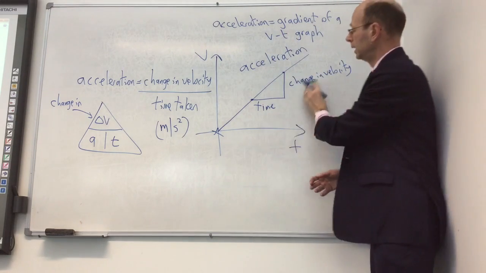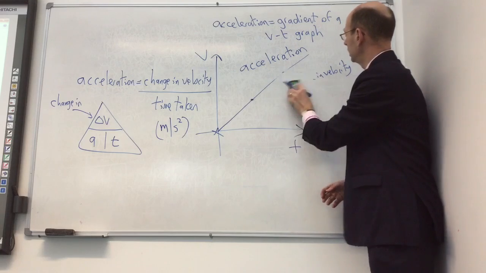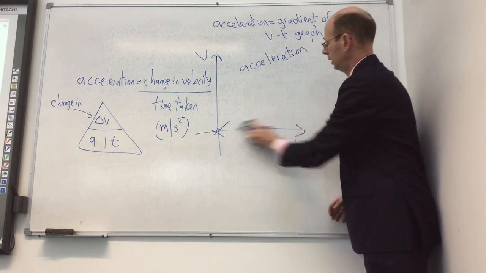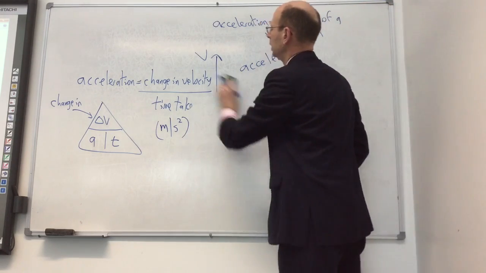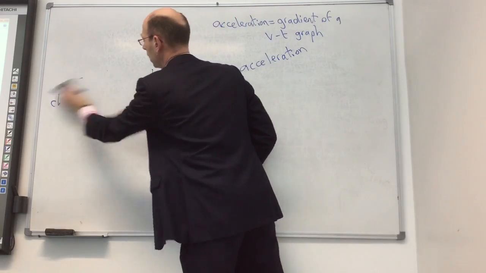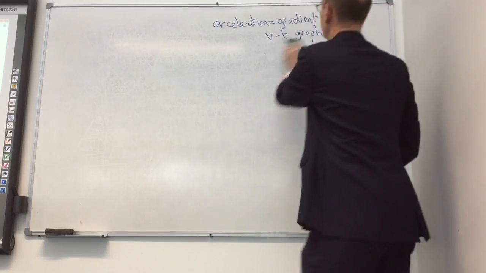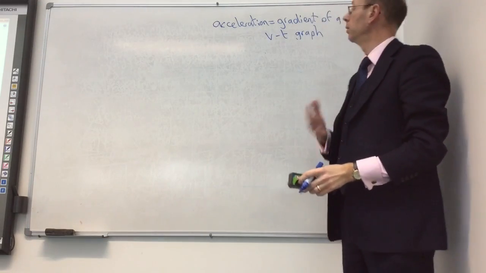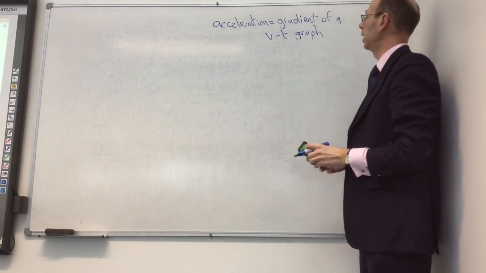Okay, so we've had so far speed is distance divided by time. We've worked out that you can measure the speed from the gradient of a distance time graph, and now we've just seen that you can measure acceleration from the gradient of a velocity time graph.